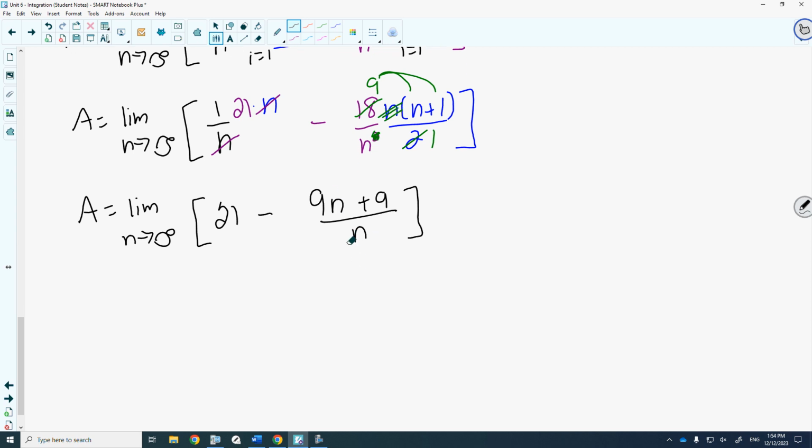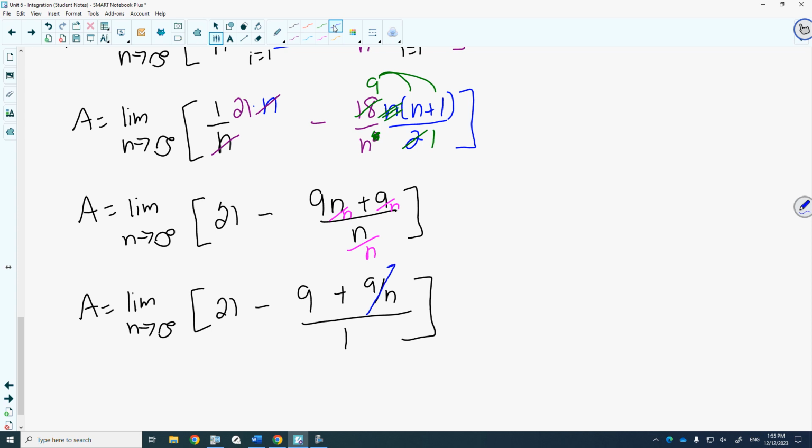You're going to divide each term by the highest power in the denominator, which would be n. So I would divide this by n, this by n, and this by n. And what that would give me is the limit as n approaches infinity of 21 minus 9 plus 9 over n, all over 1.